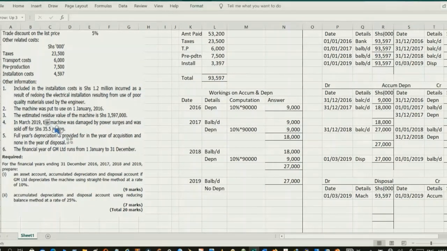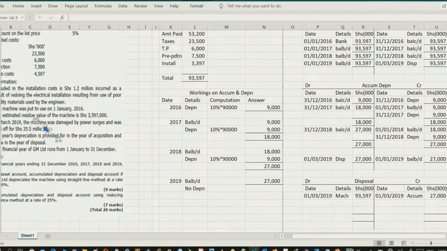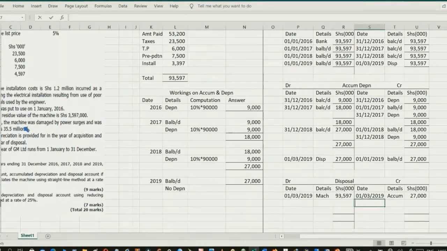So the machine was sold off for 35.5. So we imagine that bank has been debited already, so we have to credit our disposal account with that value of 35.5.